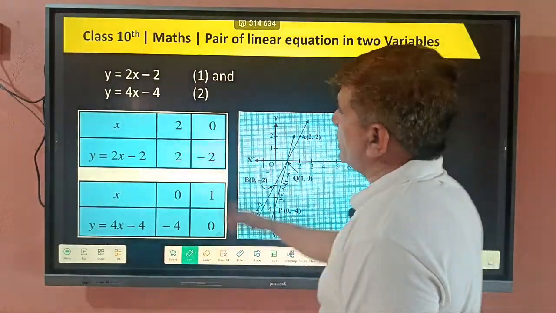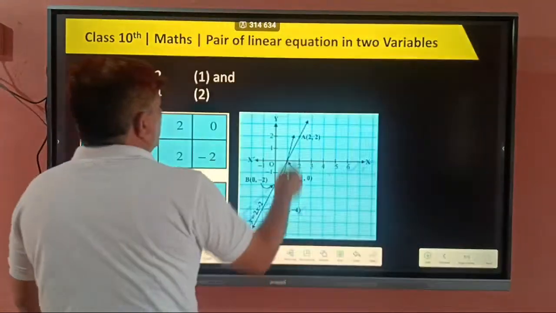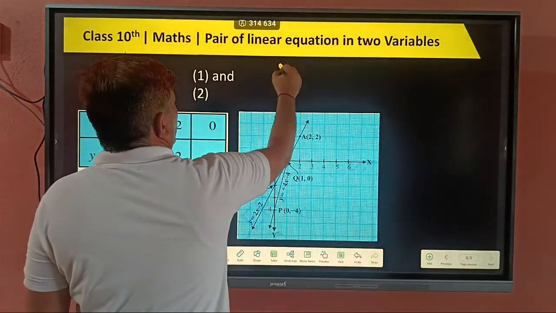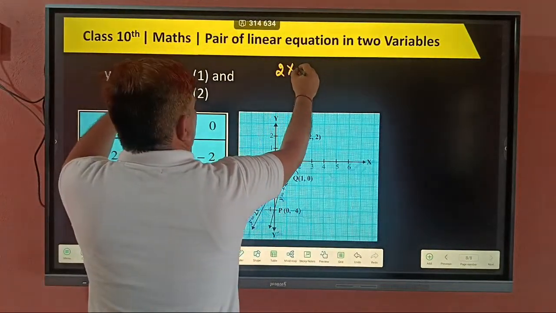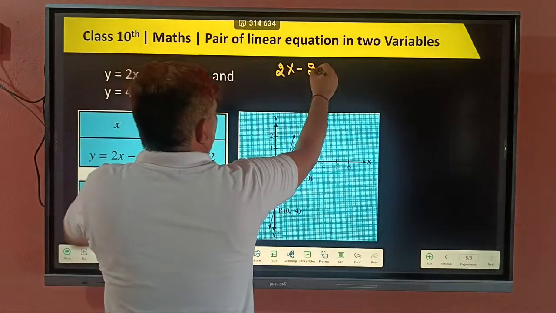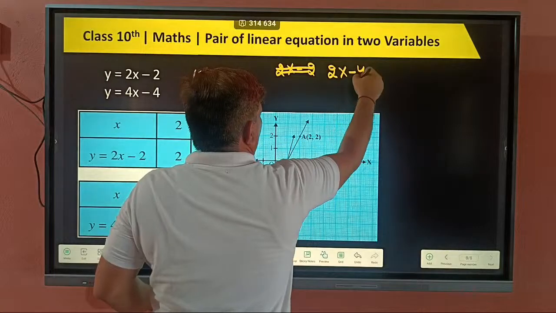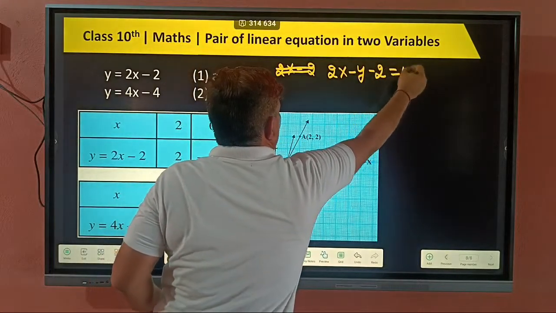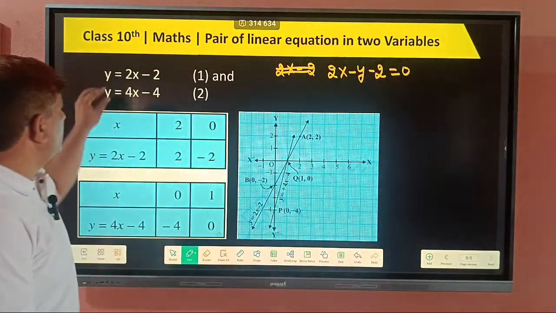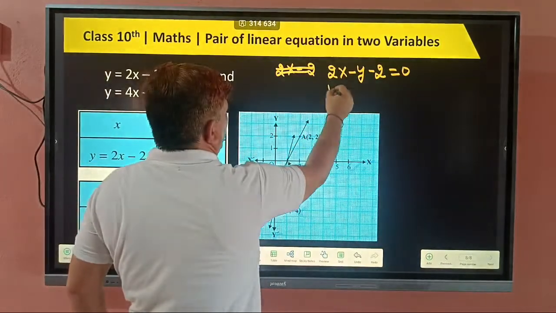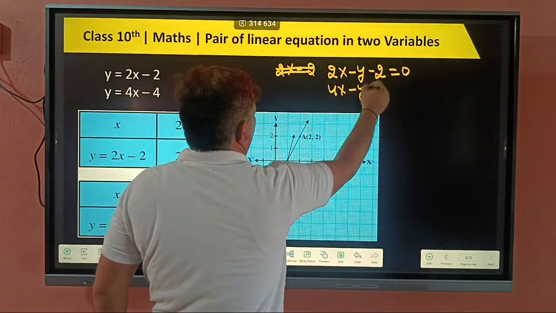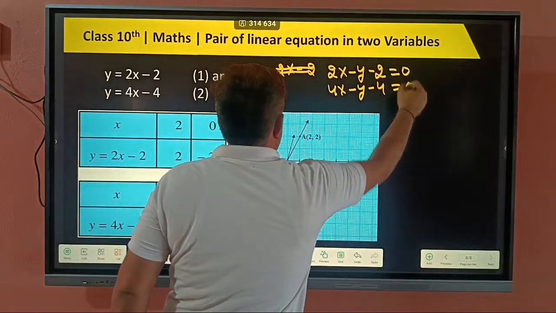So how can we write? We can write 2x minus 2, y bring on this side. In this way we can write 2x minus y minus 2 equal to 0, and 4x minus y minus 4 equal to 0.